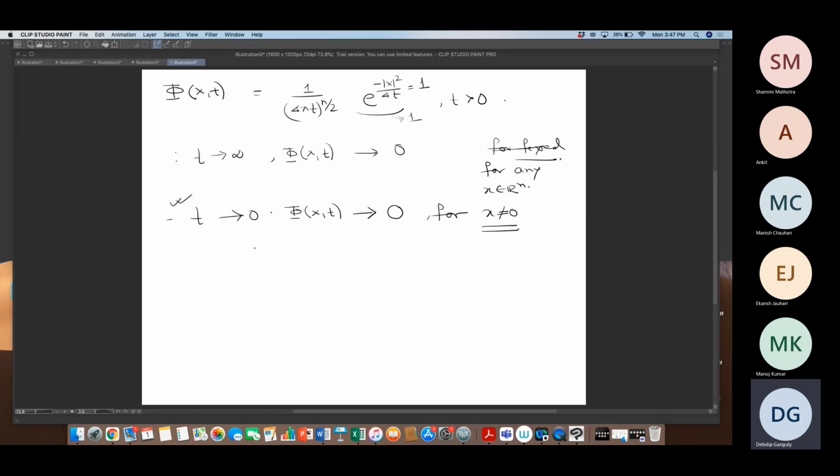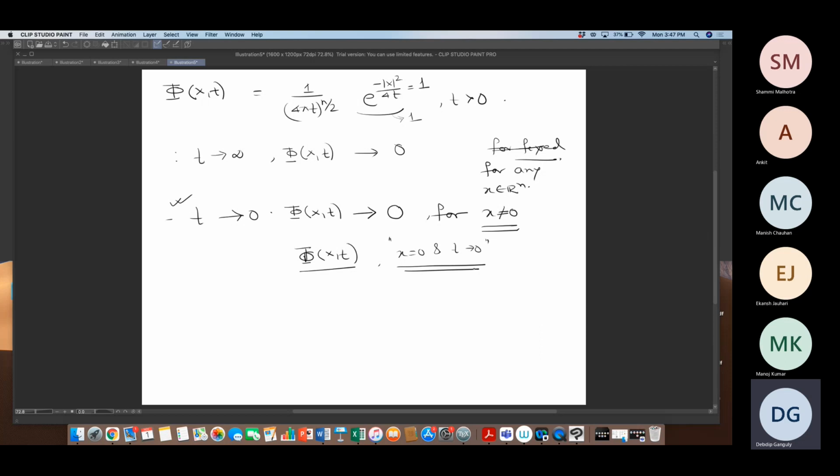The function is nice everywhere else, but we have to be very careful when x equal to 0 and t tends to 0, because it goes up to infinity.